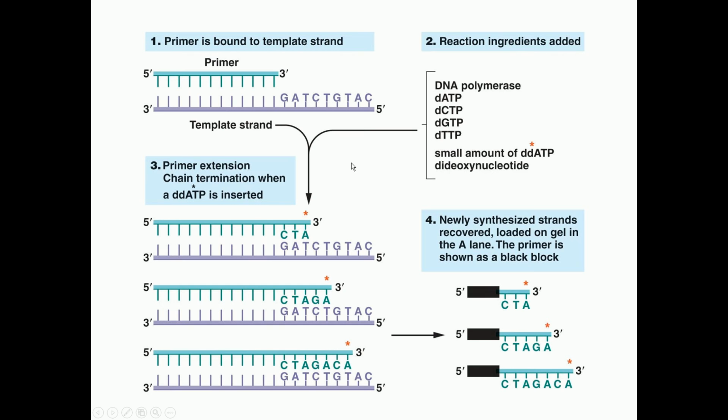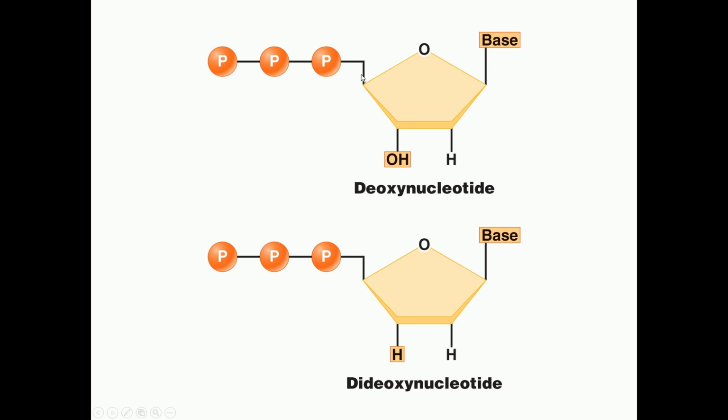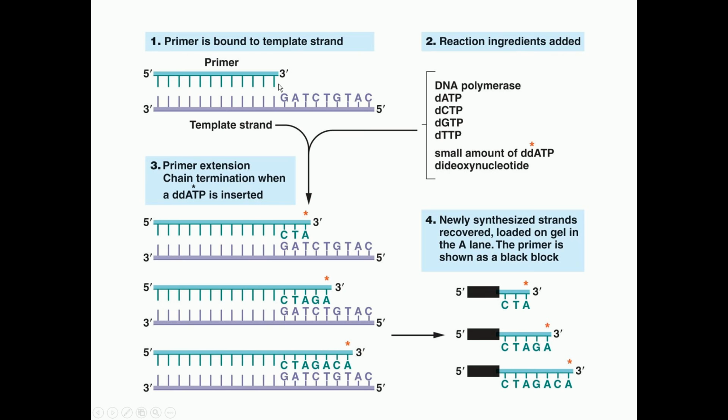Coming back to this, the requirement of a DNA polymerase is a hydroxyl group at the 3' carbon.